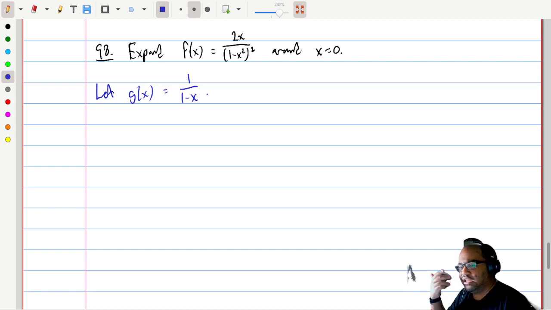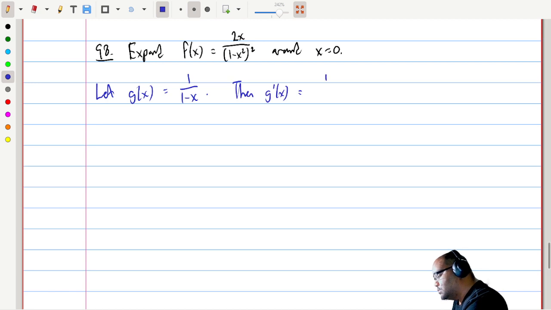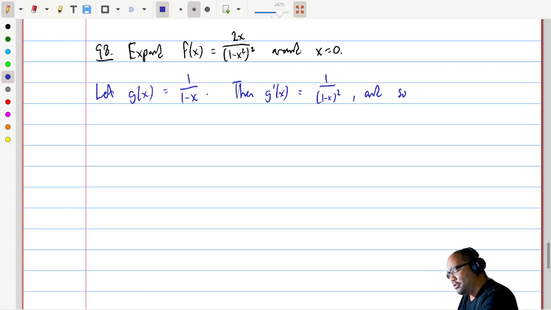Well, let's take a look at how this develops. If I go ahead and take a derivative, you get 1 over (1 minus x) squared. And now this almost looks like the function that we need. So if I replace x with x squared, my denominator is complete, then I just get it multiplied by 2x.